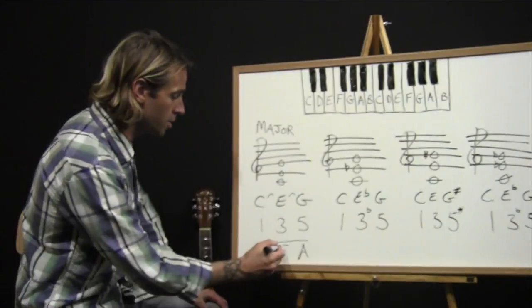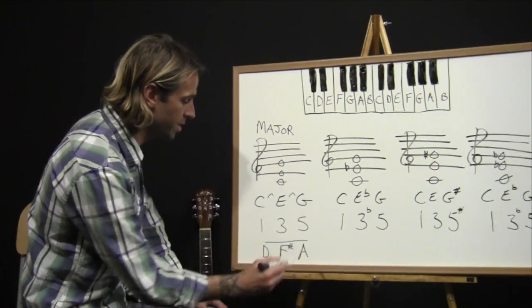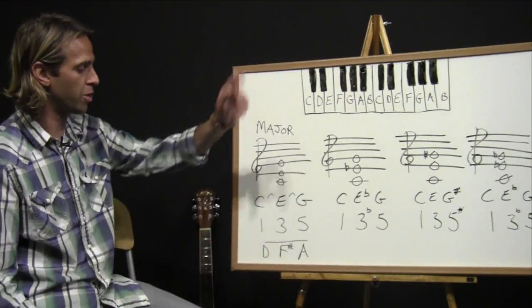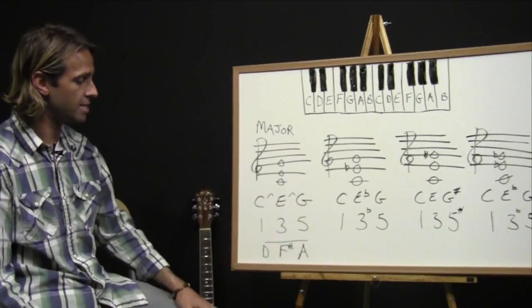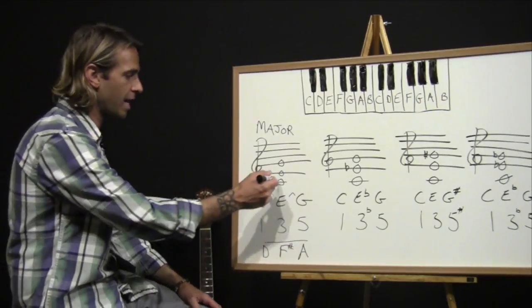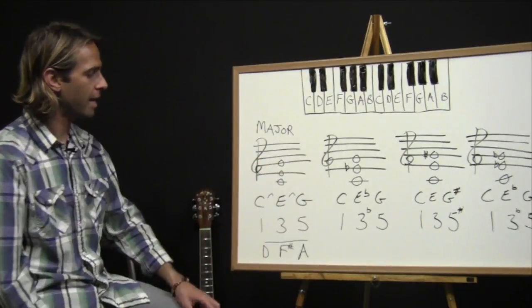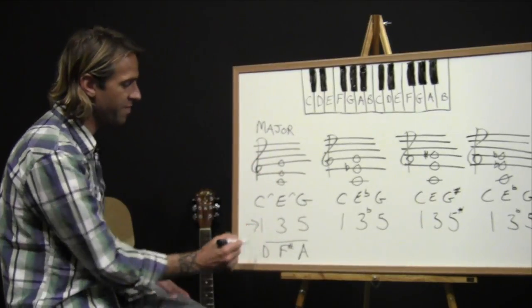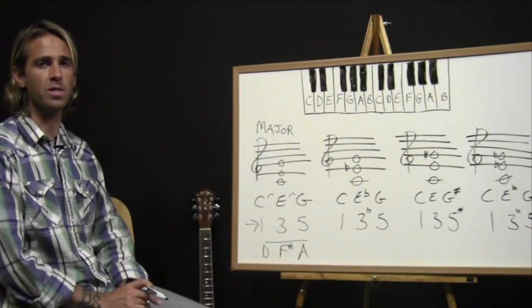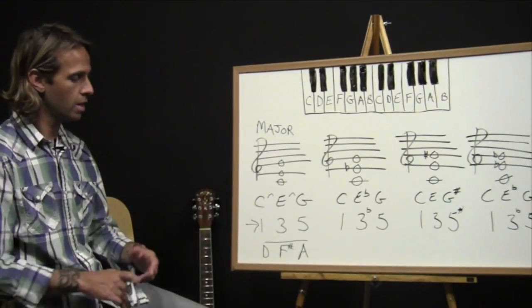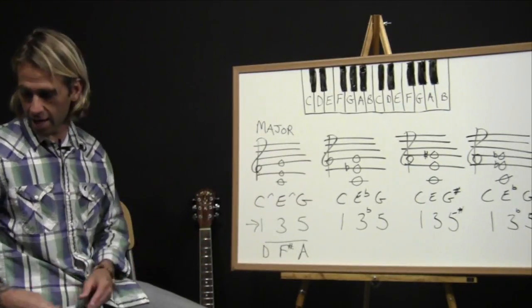So just like the scale, I have to do the same thing with the chord. I have to make sure that's F sharp to stay within the key, because that's what that tells us when we go to our steps. So this would be playing a D major chord. And just like I wrote on the notes, it looks the same way: C, E, G. And that right here, 1, 3, 5, is the formula to create a major chord.